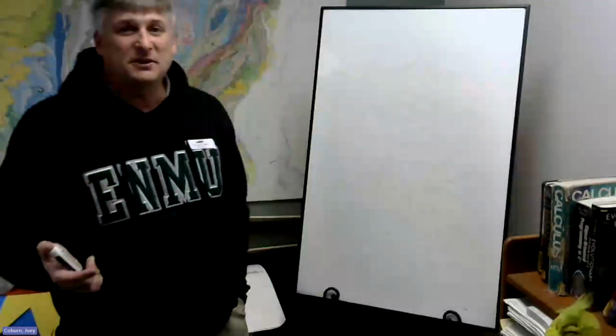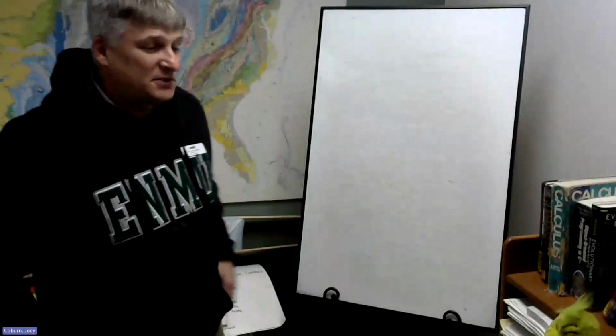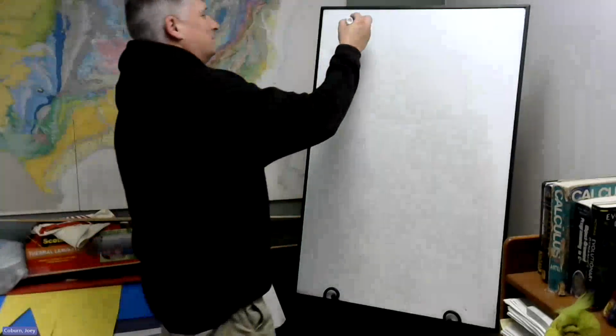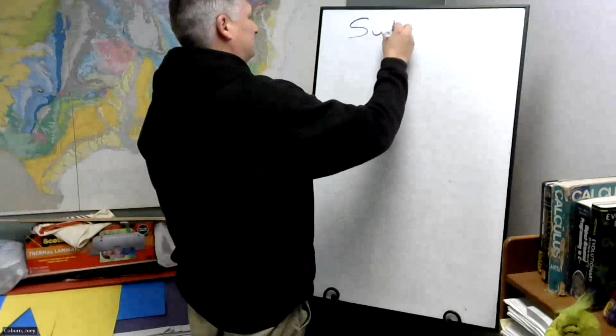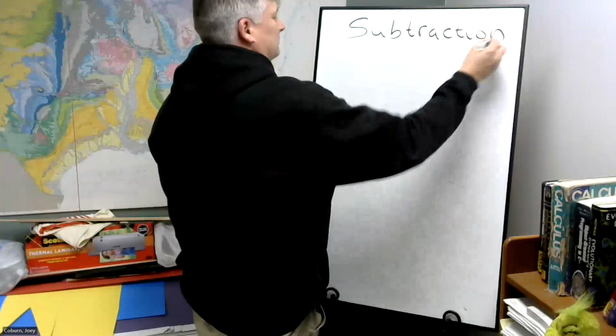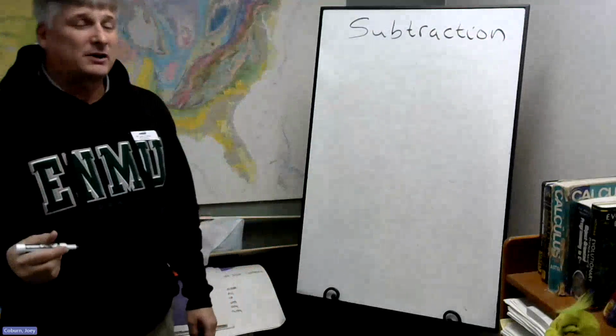So for section 6.2, this is subtraction, and really we've covered this already. The trick with subtraction is this.